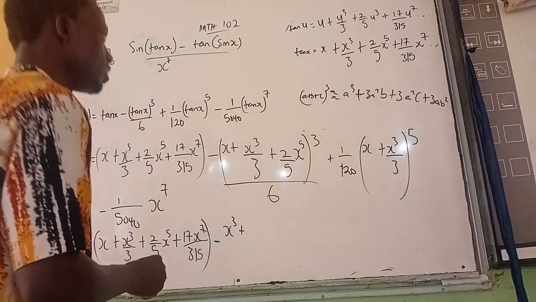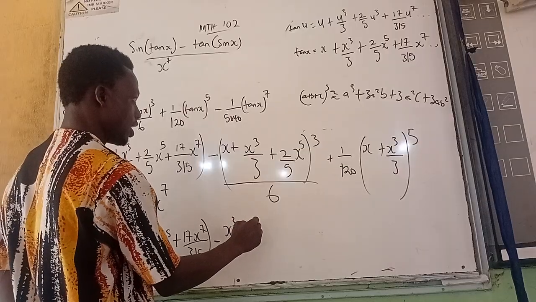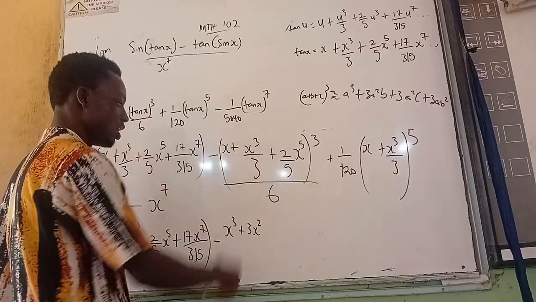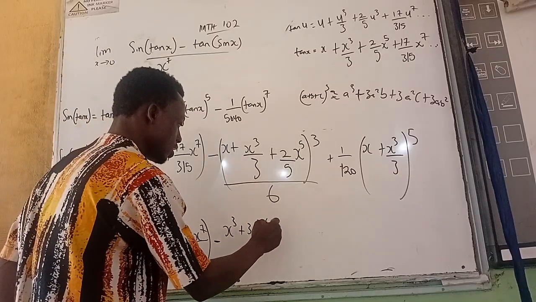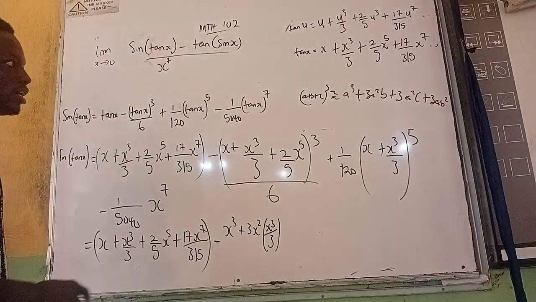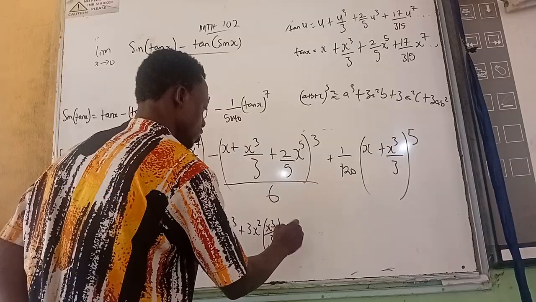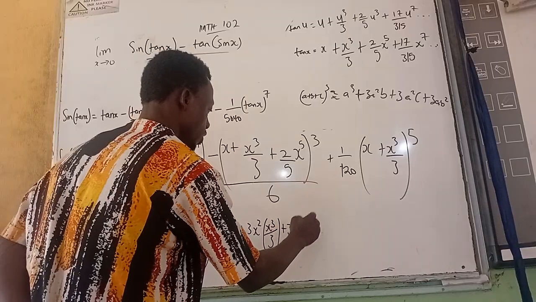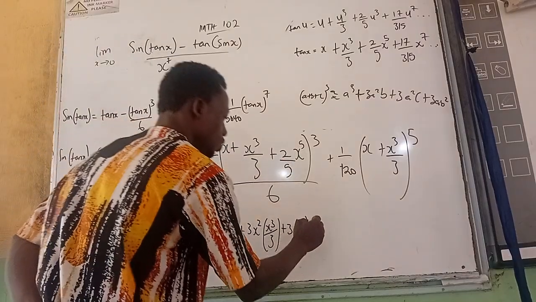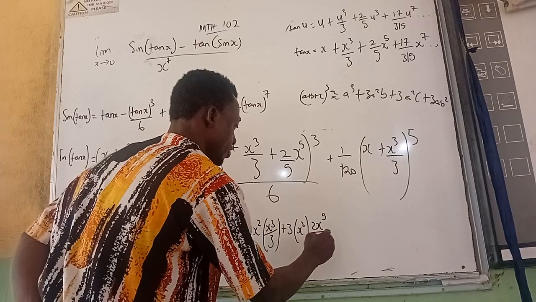3a square b. What's our b? x cube over 3. Are we together? Plus 3a square c. What's our c? 2x^5 over 5.